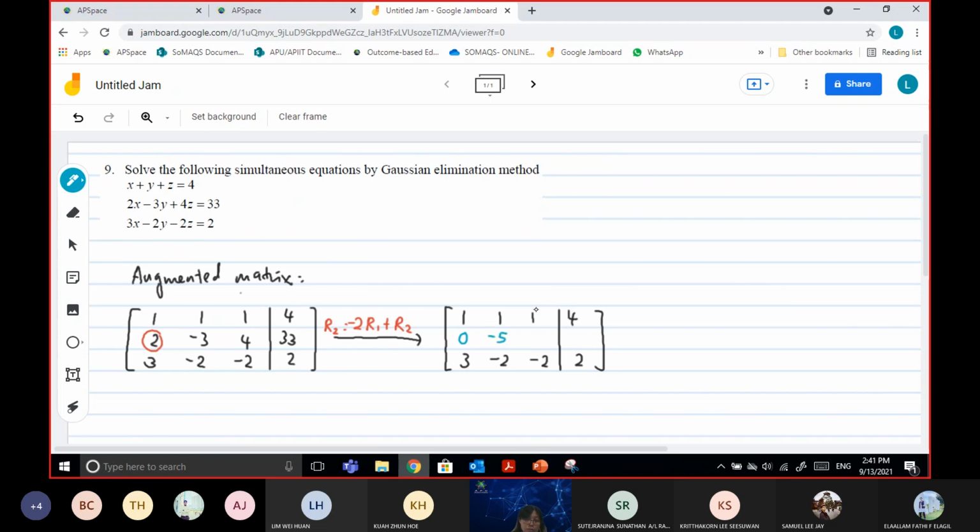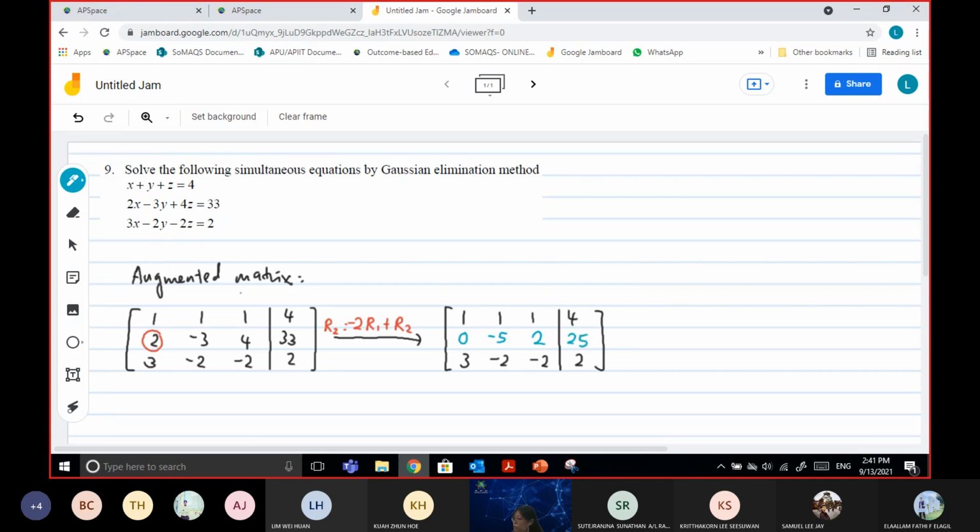Next, the third column, multiply by negative 2 plus 4, so you get 2. Then for the 4, 4 times negative 2 is negative 8, plus 33, so you get 25.